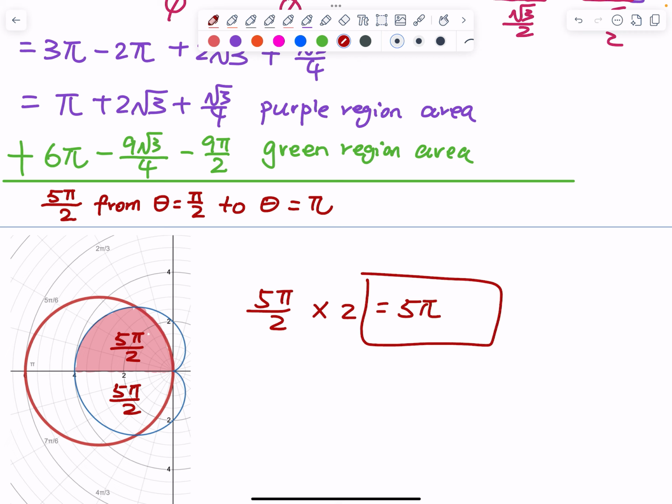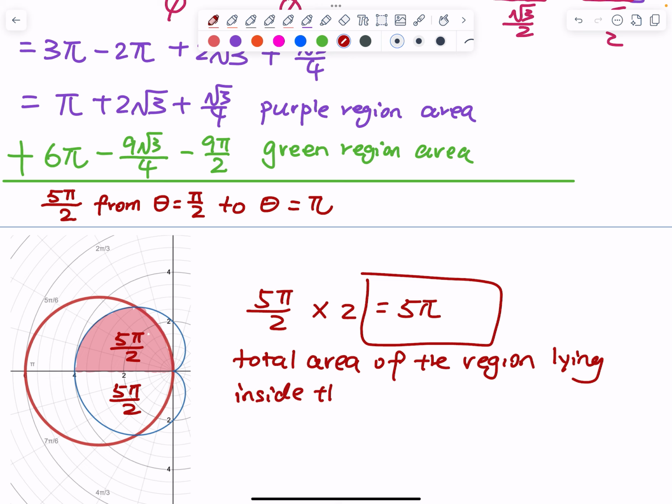So this is the total area of the region lying inside the circle and inside the cardioid.